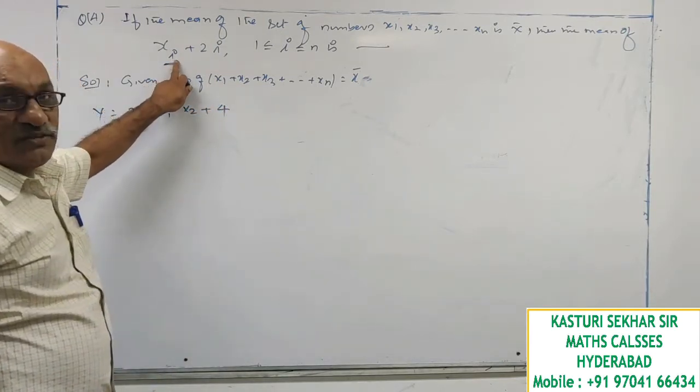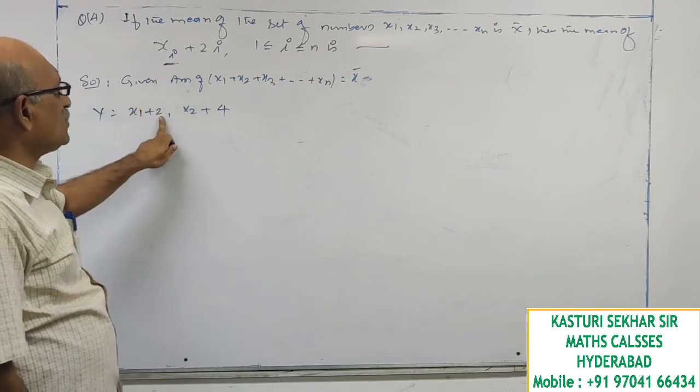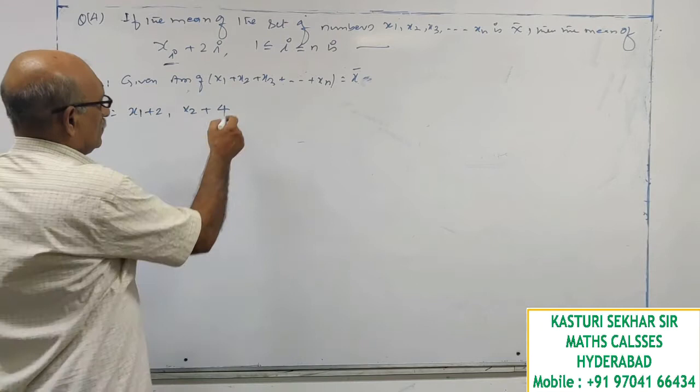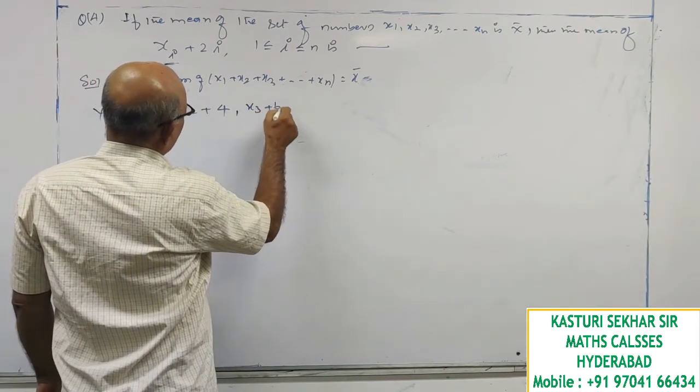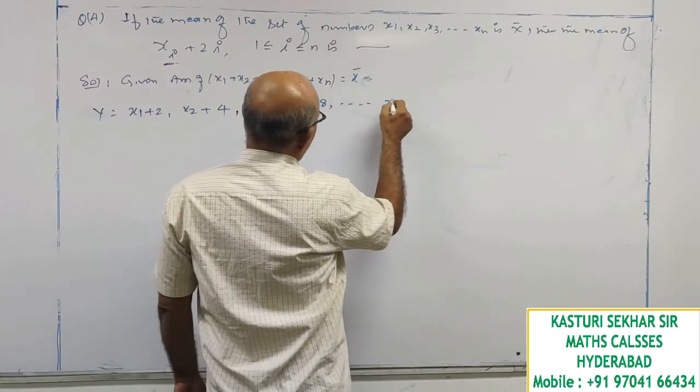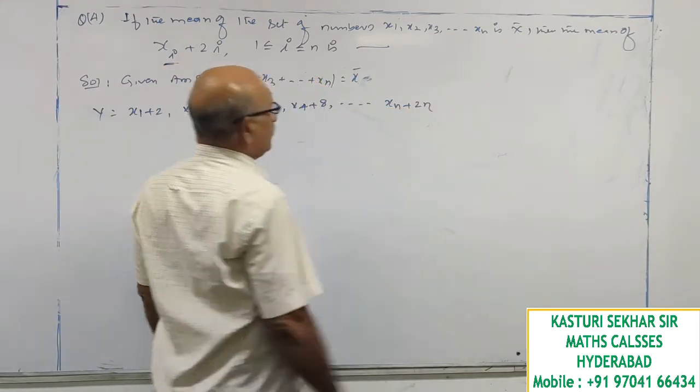When i is replaced with 1, x1 plus 2. When i is replaced with 2, x2 plus 4, x3 plus 6, x4 plus 8, plus xn plus 2n.